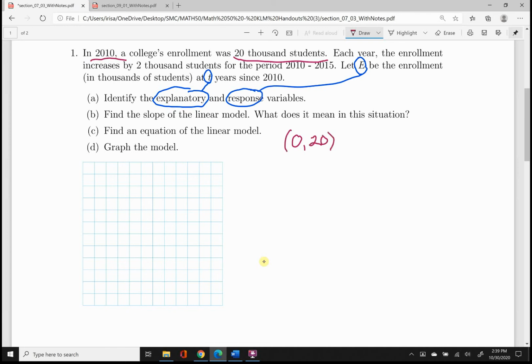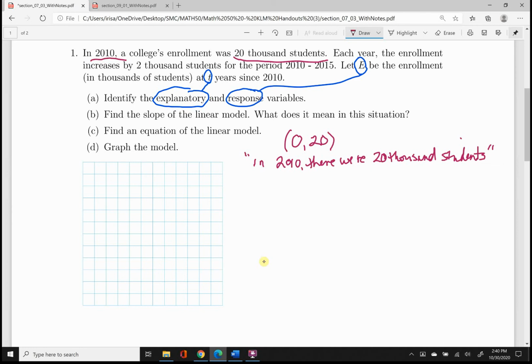So we can use the ordered pair 0, 20 to represent that. So this is in 2010, there were 20,000 students. That's how you would interpret what's going on with this ordered pair.